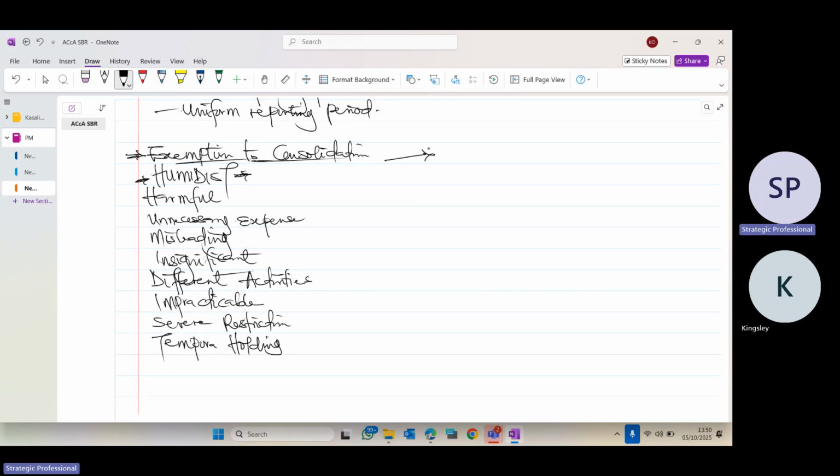So where a company cannot consolidate, it is going to prepare a what? Separate financial statements. Separate financial statements is which standard? That's our IAS 27. Okay, that's our IAS 27.